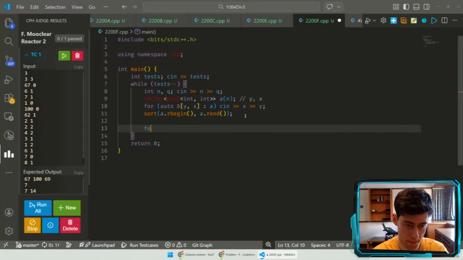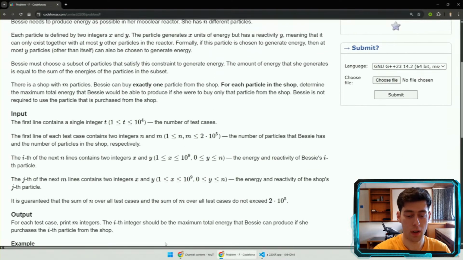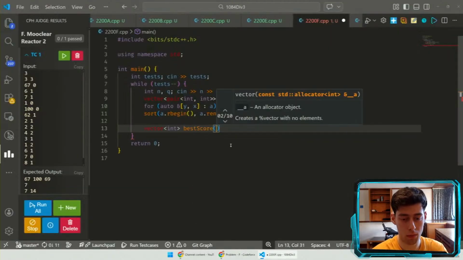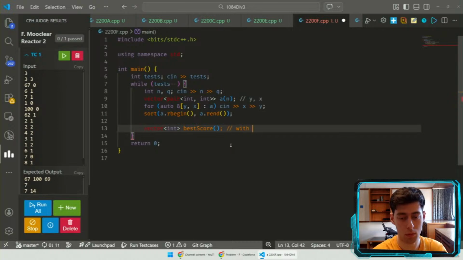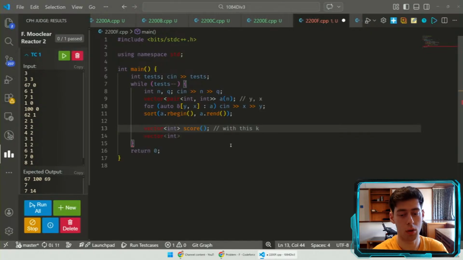Okay. So now I've got to pre-compute everything. So what am I pre-computing? Best score for a given K. Wait, K can be up to N, right? Like, as in, yeah, K can obviously be up to N. I'll just call this score.